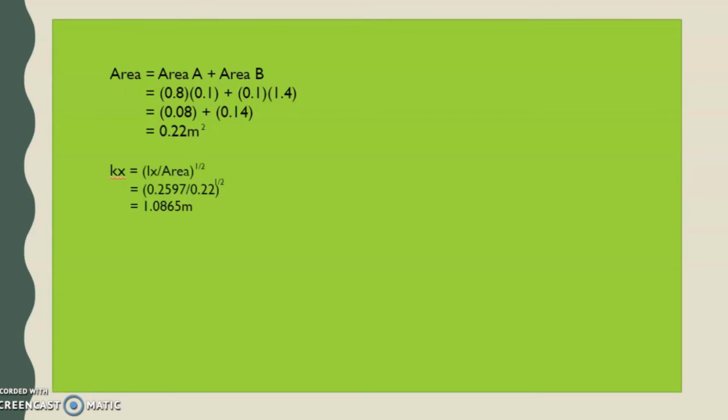Next is to calculate kx using the formula Ix divided by area, with the power of 1 over 2. Ix has been calculated before, which is 0.2597, divided by 0.22, which is its area, with the power of 1 over 2. As the result, kx will become 1.0865 meter.